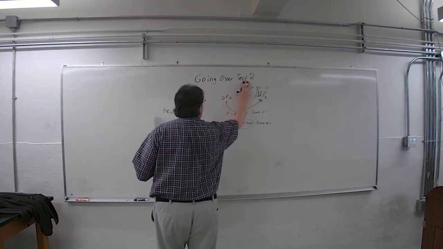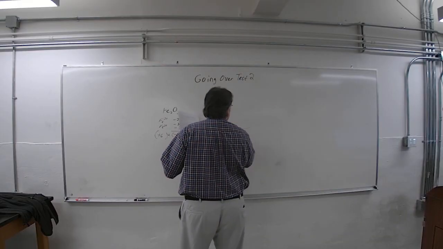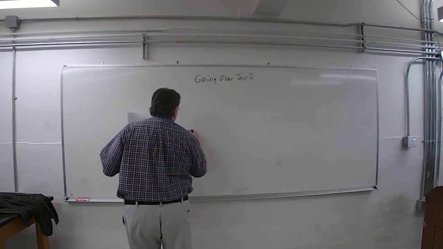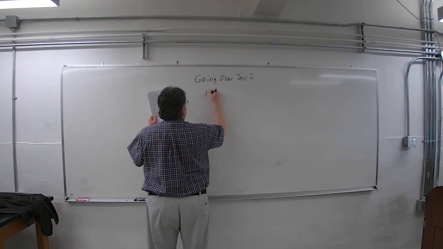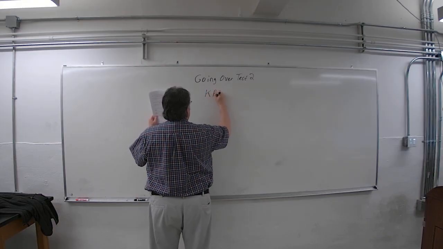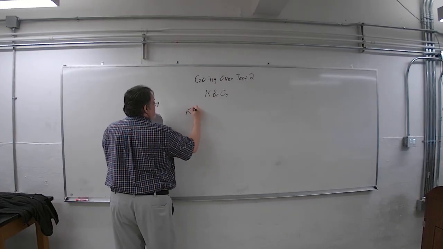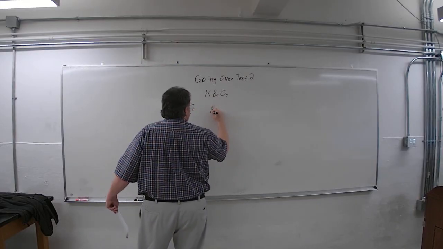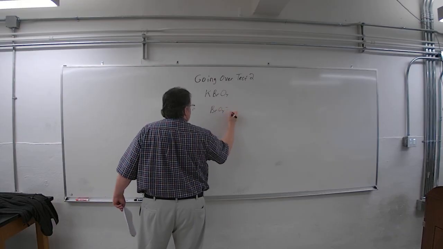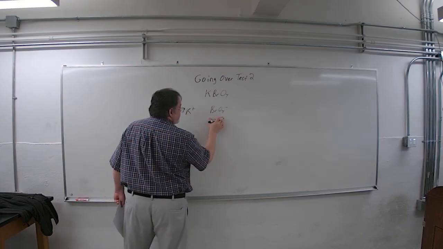Br. So the way I told you to do this, first split off the potassium ion. Then you have this.